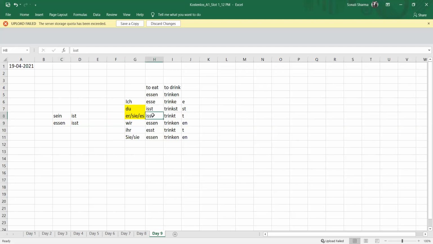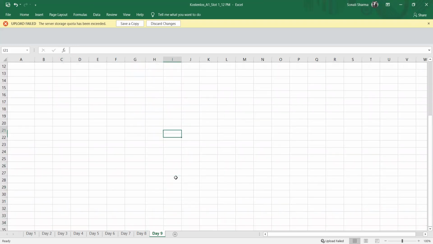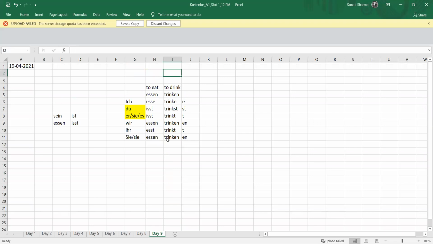One is written with double S and one with single S. In both cases the pronunciation is the same. Now let's come to the vocab part, and then we will use these verbs in sentences.